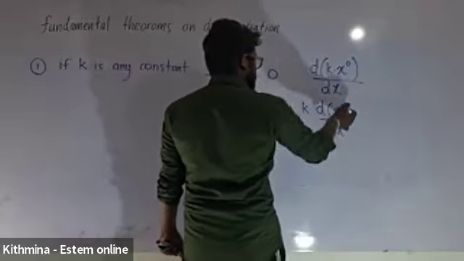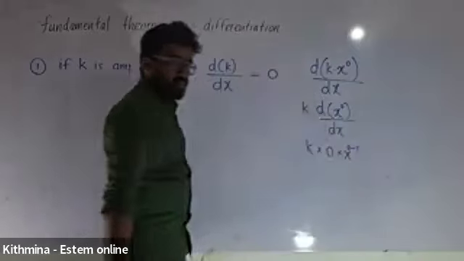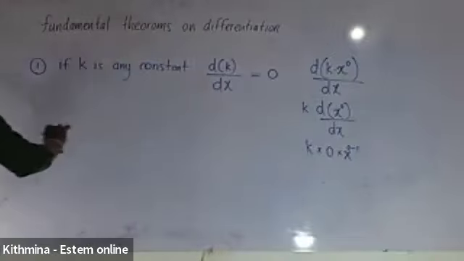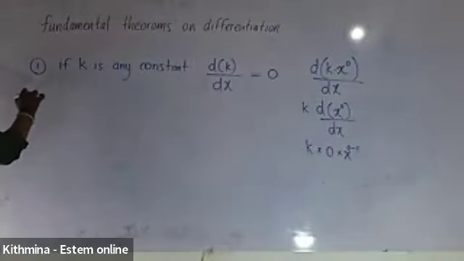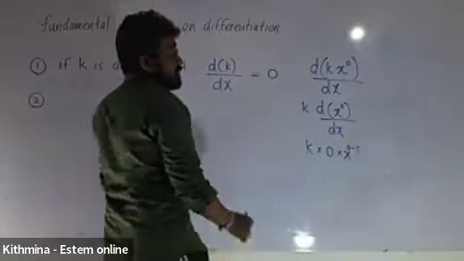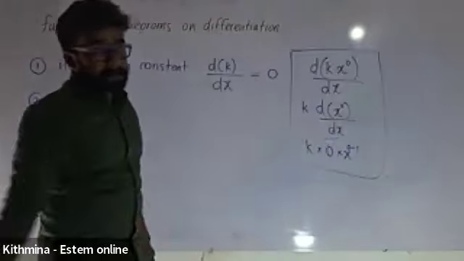Now get 0 in front of this, and x to the power 0 minus 1. That's how. So this is the first fundamental theorem about differentiation, and you can write this by the side.